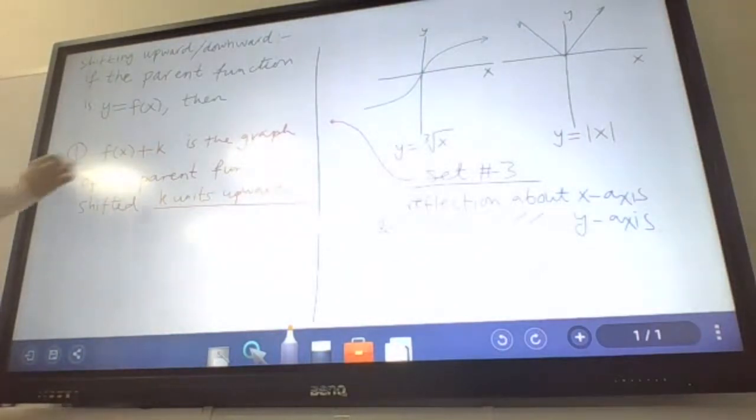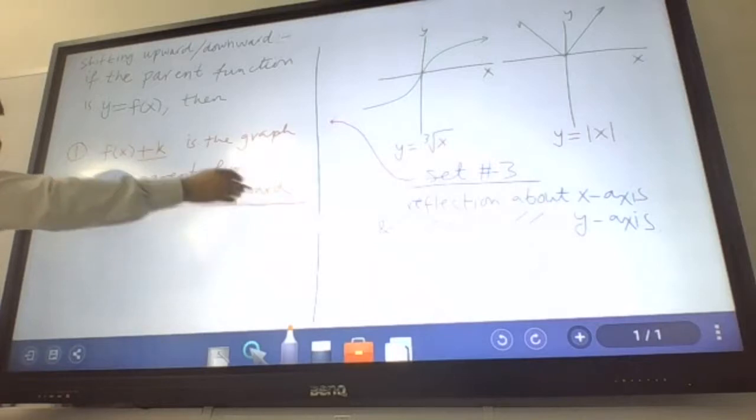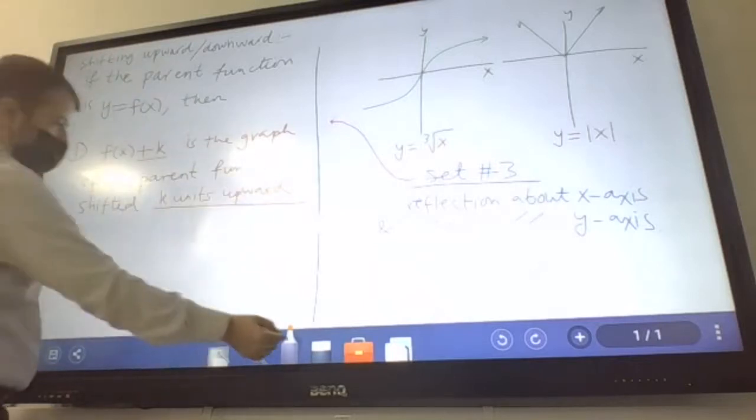So if you add a k to the parent function, you have to shift the parent function k units up.